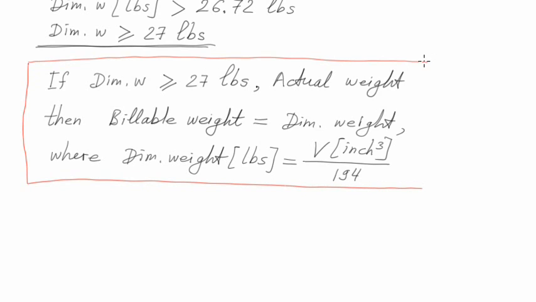So this is our first important equation. It gives us a condition. It tells us when billable weight will not be equal to the actual weight. If both of these conditions are true, then billable weight will be equal to dimensional weight.